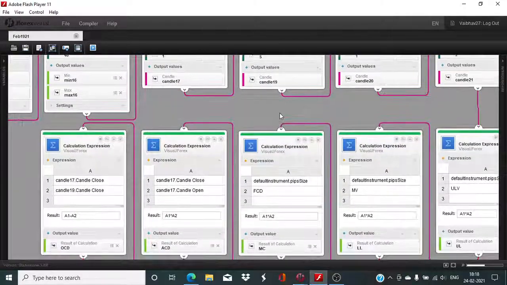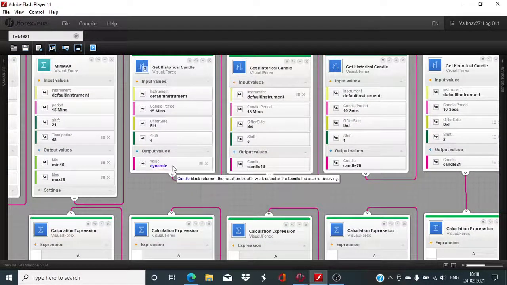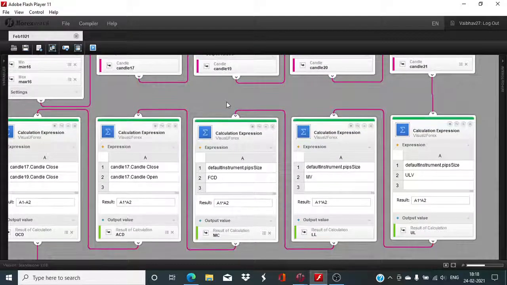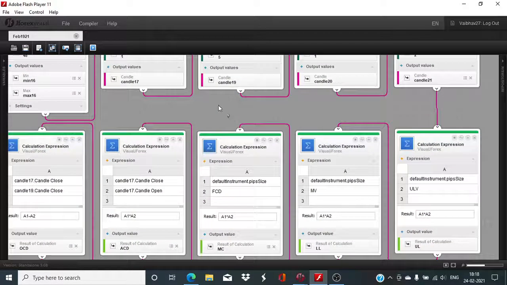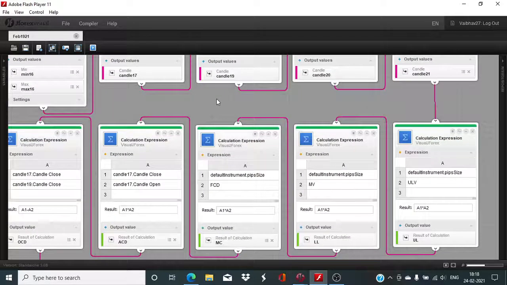For the sell side, we will need the closing value of the immediate candle to be lower by more than 7 pips compared to the closing value of candle 19, and it also needs to be within the price band. So the upper limit is 15 pips, and it needs to be within that. So the price difference between these two closing values should be within 7 to 15 pips. So we have a price band of around 8 pips.